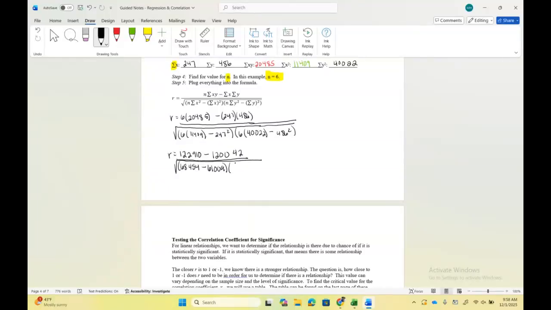Then 6 times 40,000, and then 486 to the second power, or times itself. Almost done here. I'm going to subtract these numbers in the numerator, and I'm going to subtract these, and I'm going to subtract these.